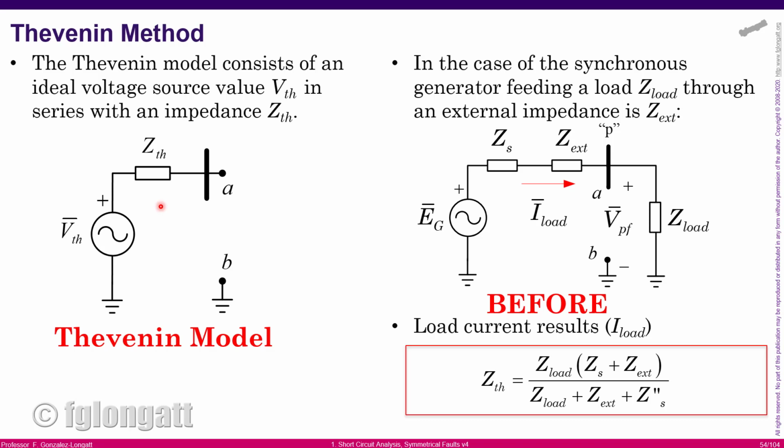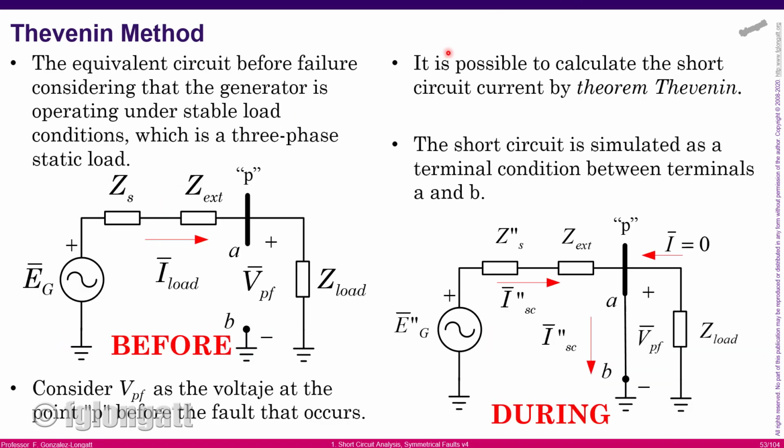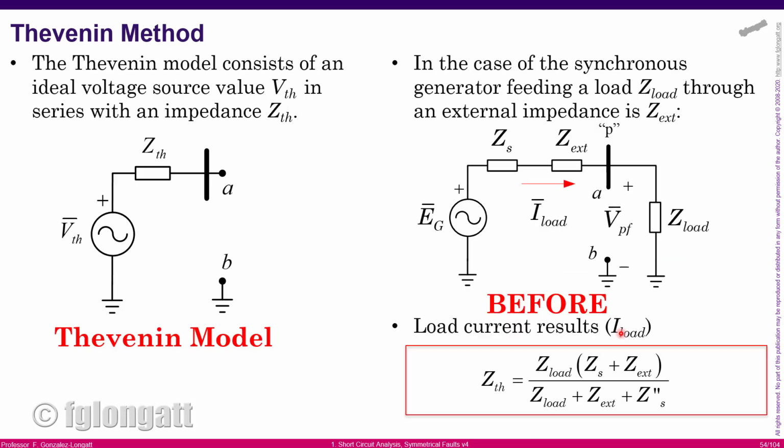The first step is we can say that terminals A and B define the fault point, and during fault conditions, I will connect a load between A and B. Of course, the load is the short circuit. It's an ideal cable, an impedance 0. But again, what I want to define is terminals A and B represent the terminals of the fault, okay? Well, and the Thevenin model that we are looking for is between terminals A and B.